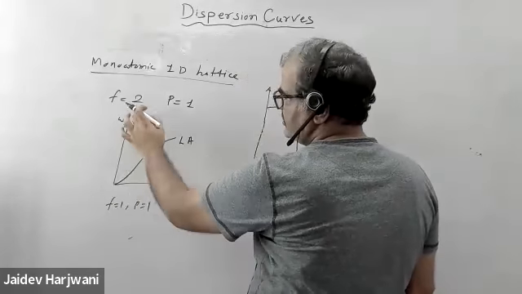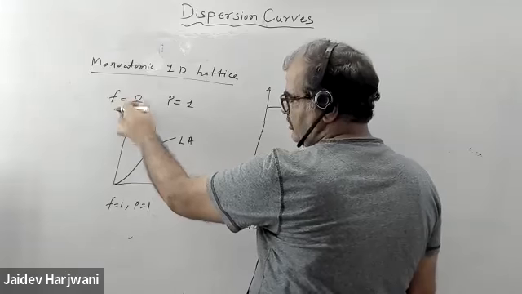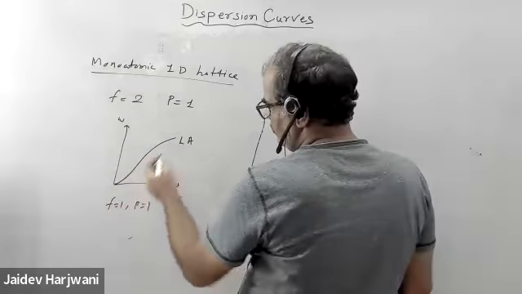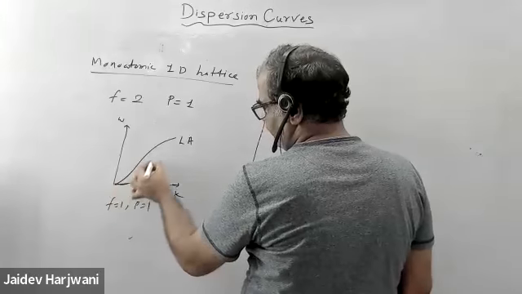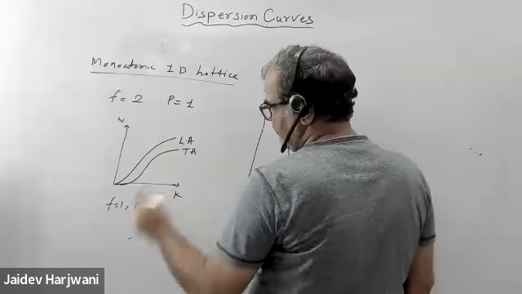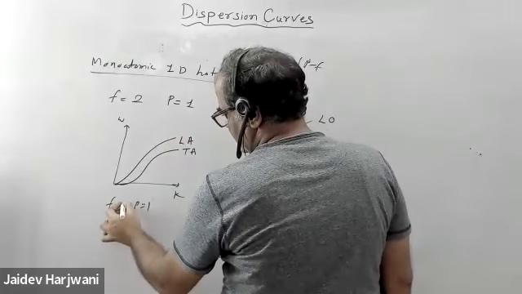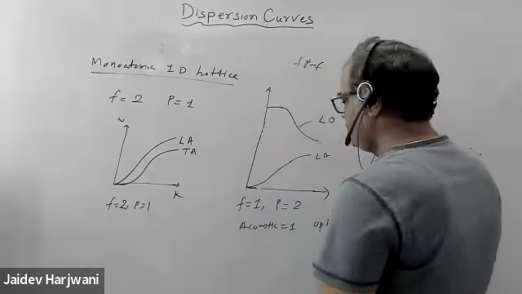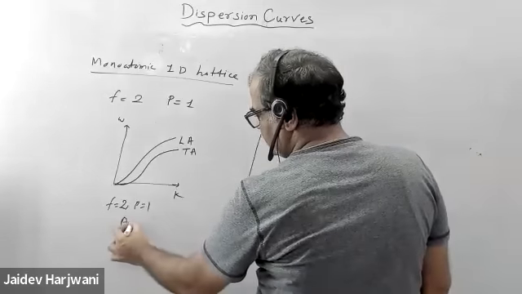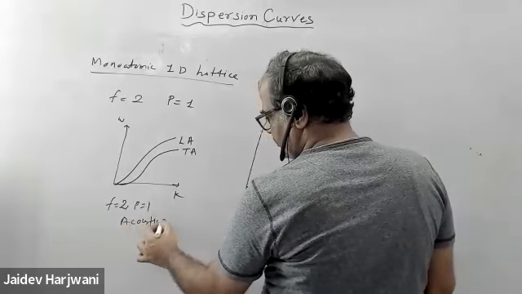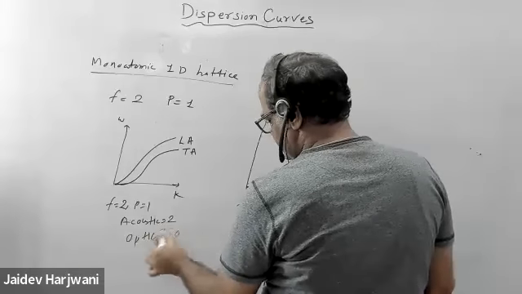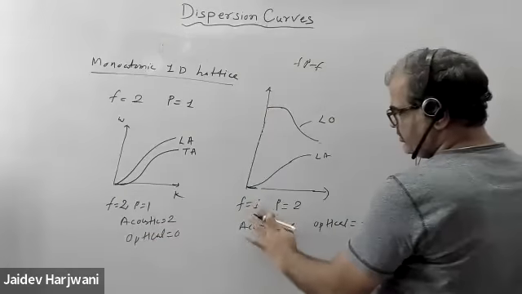Out of these 2 branches, f will be acoustic, and the remaining fp minus f, 2 minus 2, is 0. So one will be transverse acoustic and one will be longitudinal acoustic. Acoustic will be 2 and optical will be 0.